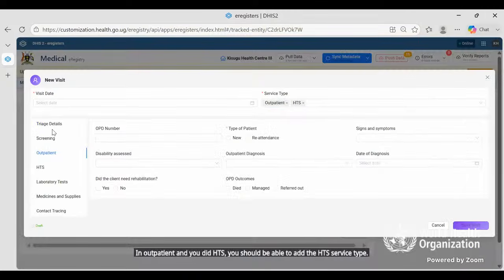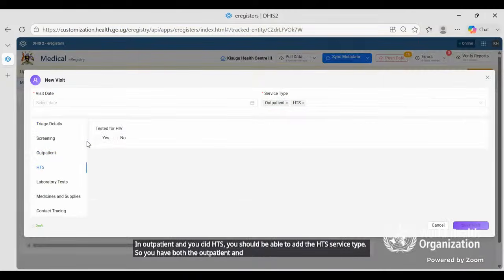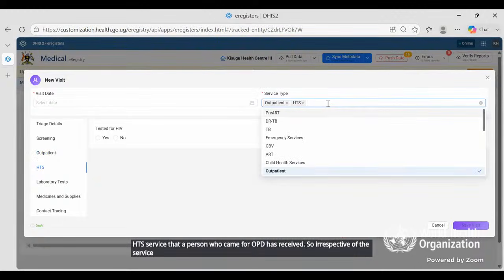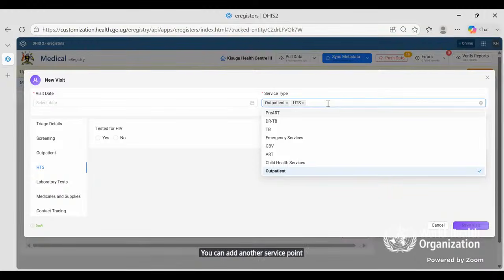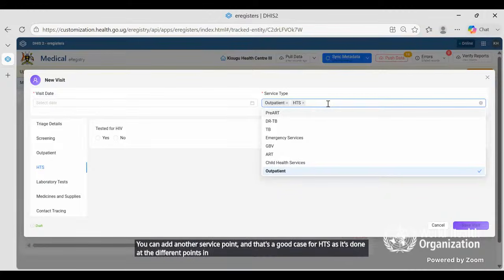So you have both the outpatient and the HTS, so that you're able to provide the HTS service that a person who came for OPD has received. So irrespective of the service point where you're at, you can add another service point, and that's a good case for HTS as it's done at the different points in the facility. So I think that is also very important.